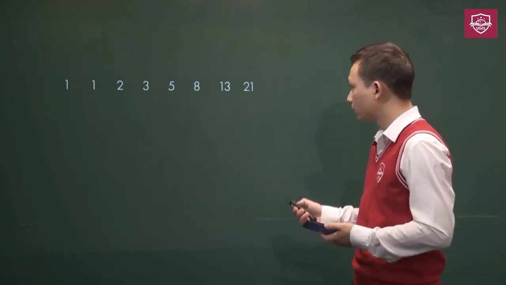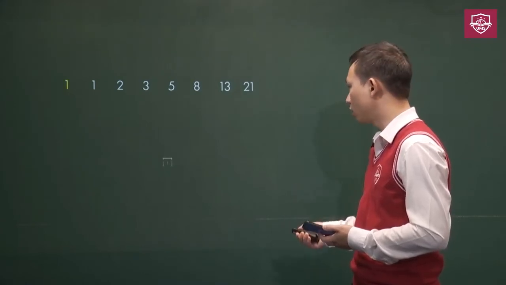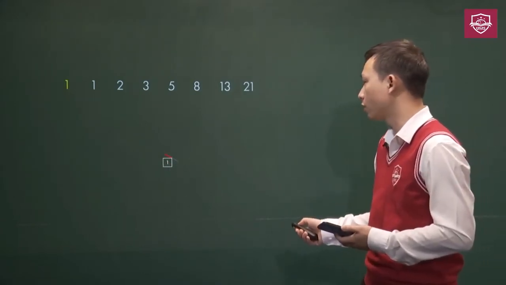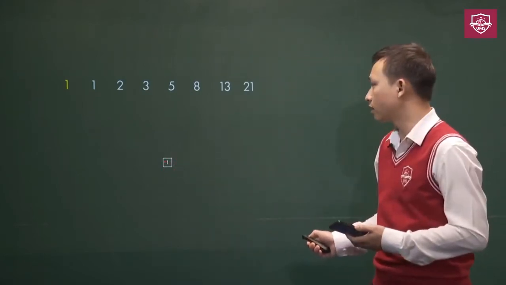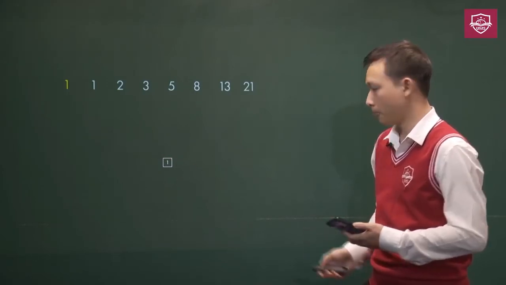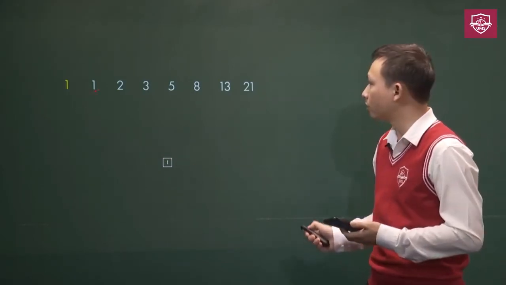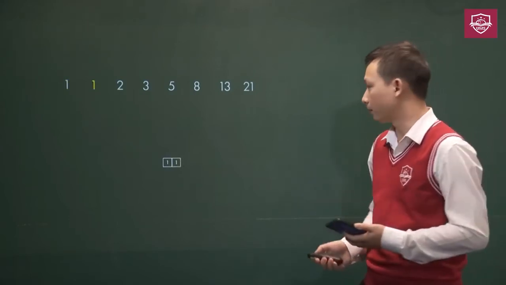Now, we have starting from the number 1 here. I will draw a small square. Here I have a square. The number 1 means that the side length of this square is 1 unit. Next, I have another number 1, so I will add another square of the side length of 1.